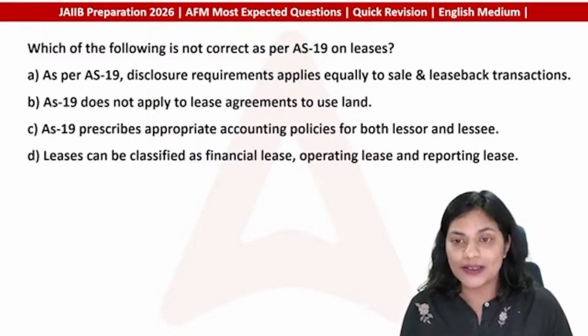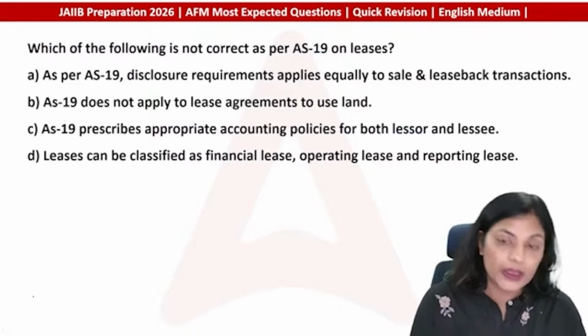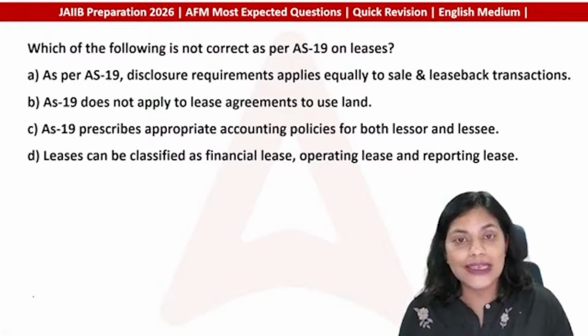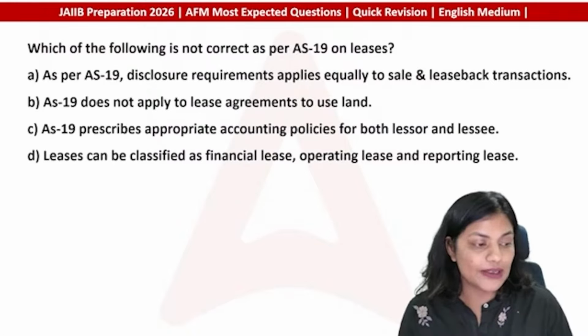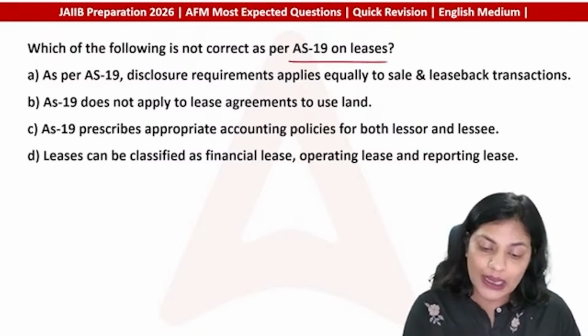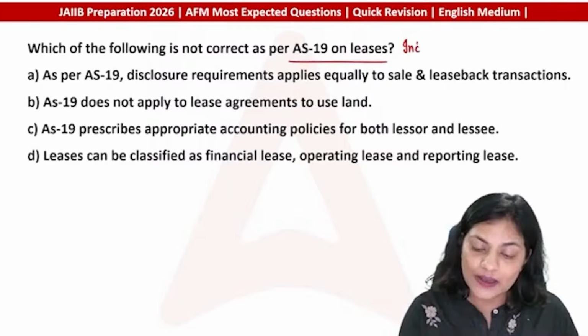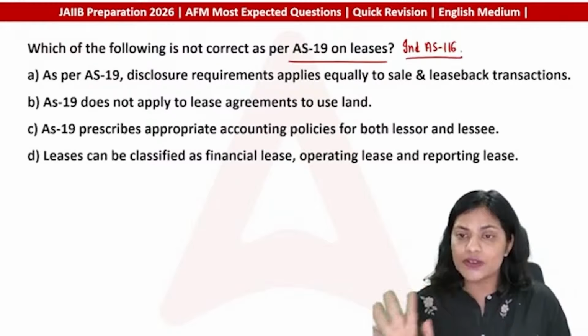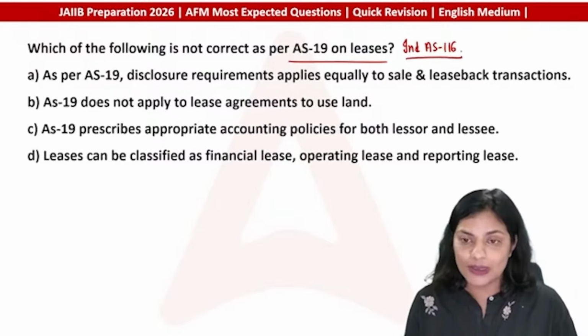What would be the right answer? Now, if we talk about AS 19, right? AS 19 specifically talks about the lease, and there is also AS 116. But the question is as per AS 19, so we'll restrict ourselves to the question's demand.